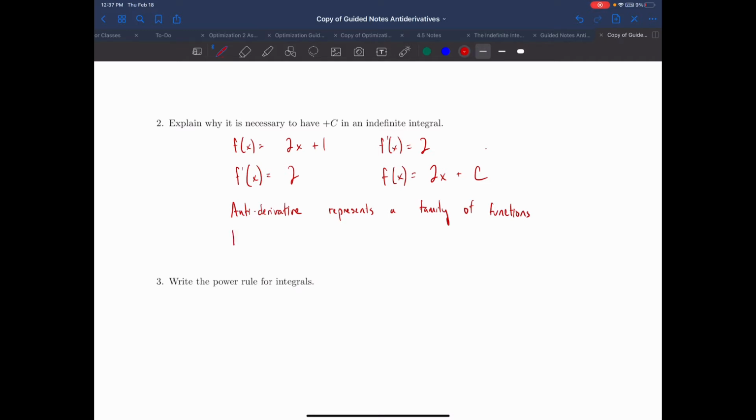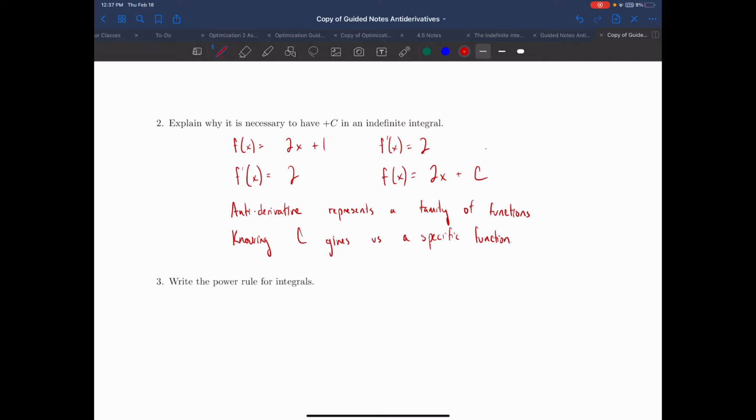So knowing c gives us a specific function. And we'll talk about initial values and how to get that c value later on.